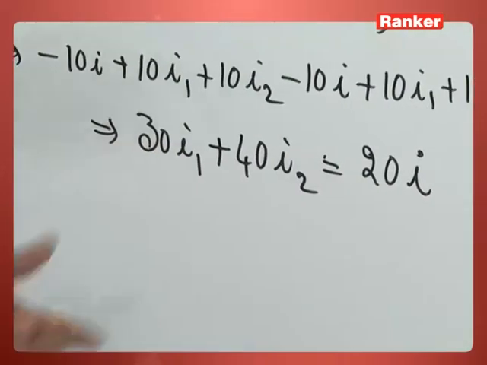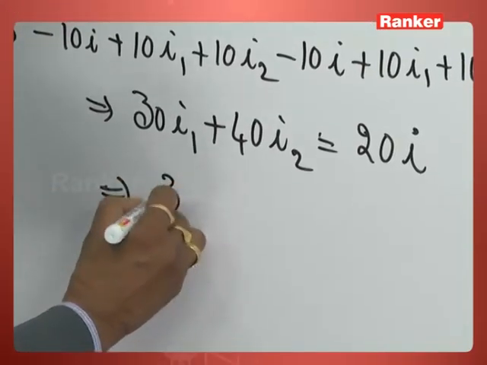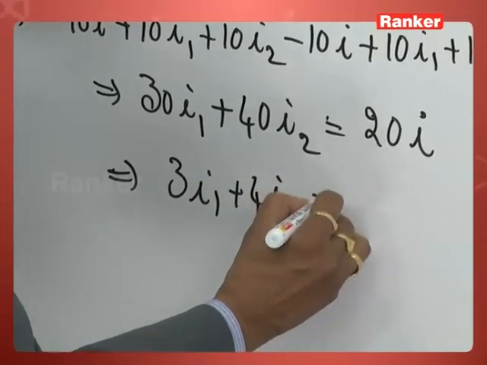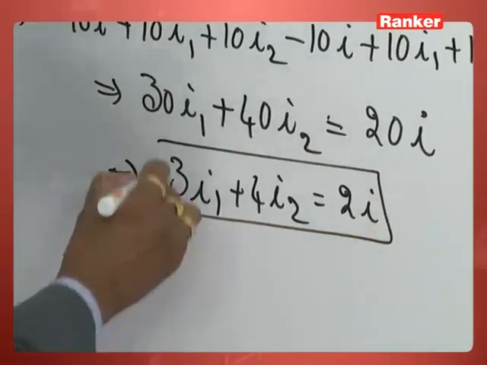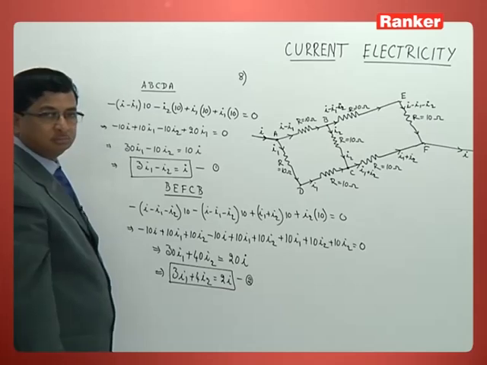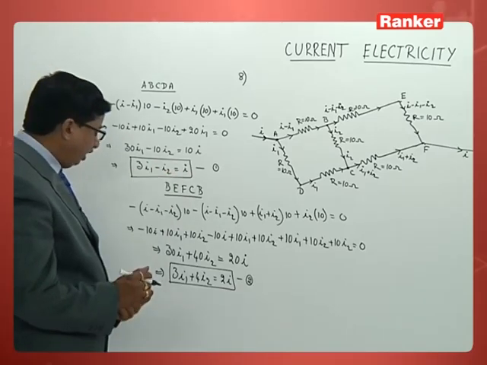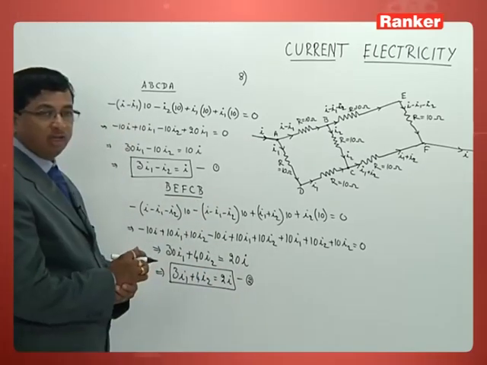So this is the equation which can be rewritten like this: 3I1 plus 4I2 is equal to 2I. This is my second equation. So 3I1 minus I2 is equal to I. 3I1 plus 4I2 is equal to 2I.